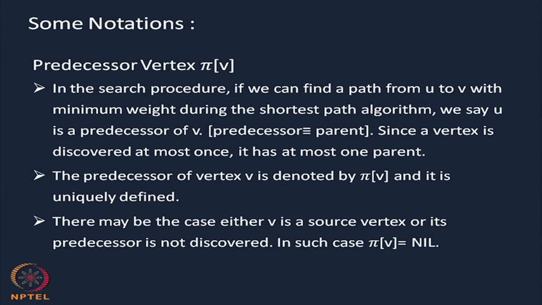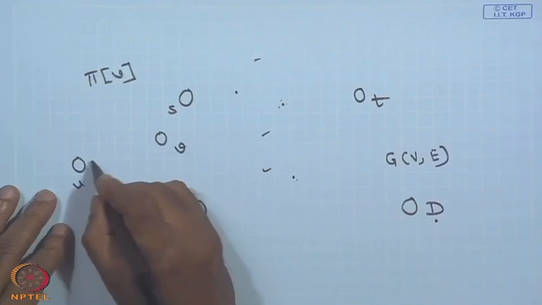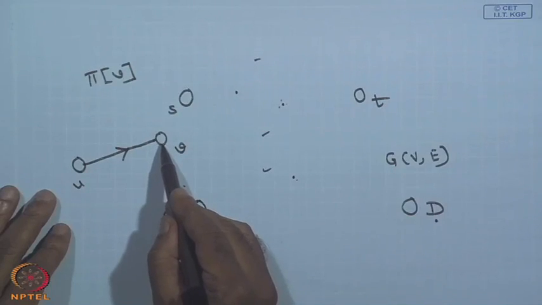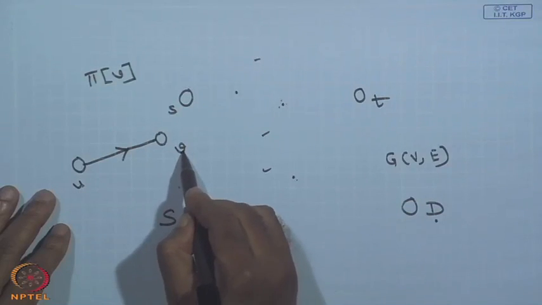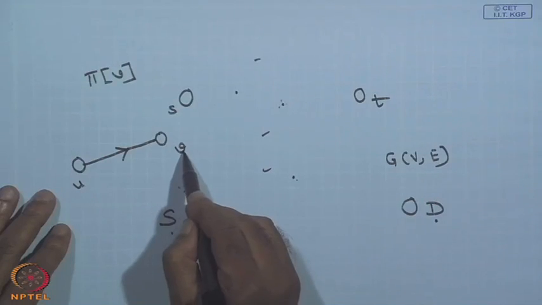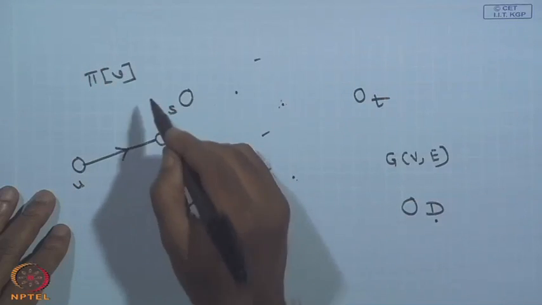If we can find a path from U to V with minimum weight, that is, you are moving from vertex U to V with a minimum weight during the shortest path algorithm, then you say that U is the predecessor of V. Or in other words, if this is your U and this is your V, there is a shortest path from U to V, then we say U is the predecessor of V, or you can say the predecessor is nothing but the parent, that is, U is the parent of V. So, basically this pi array tells you the predecessors of different vertices.